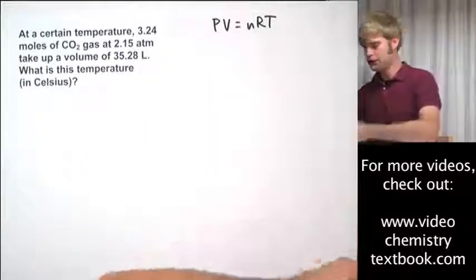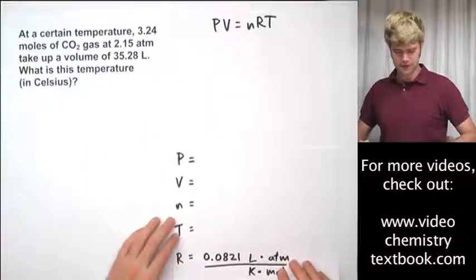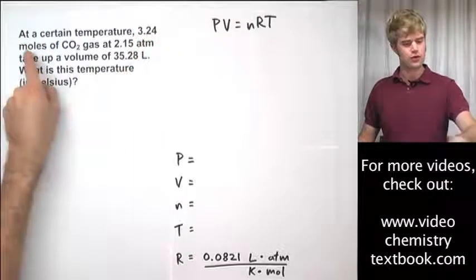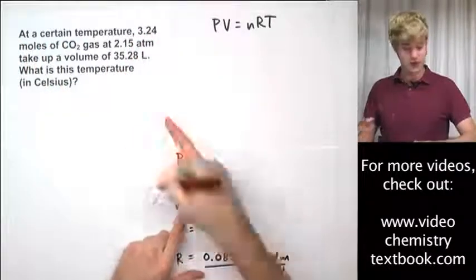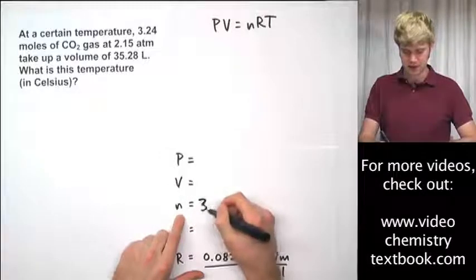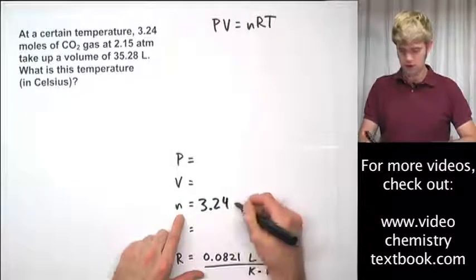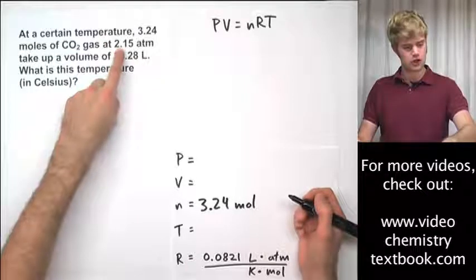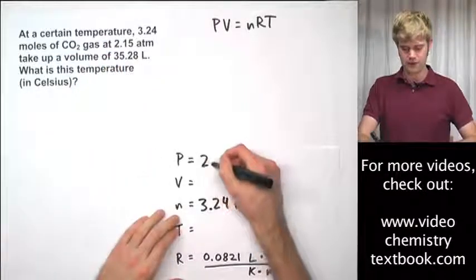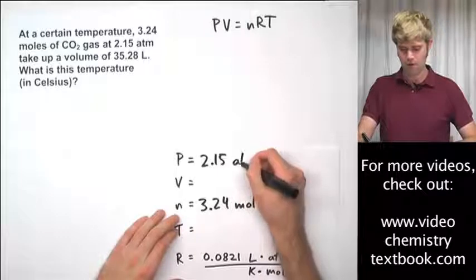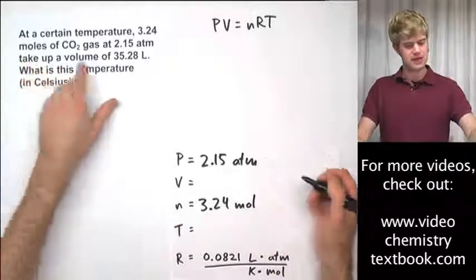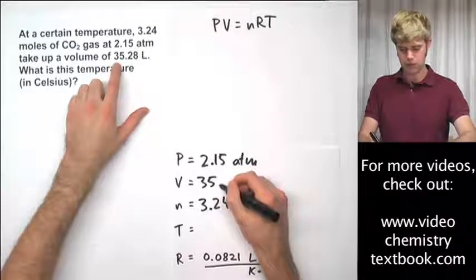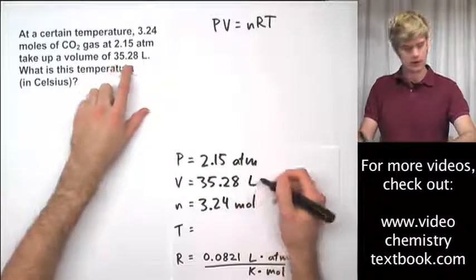And what I'll do is I'll just go ahead and fill in these variables as we go, all right? At a certain temperature, 3.24 moles of CO2, so that's our N, how much gas? 3.24 moles of gas are at a pressure of 2.15 atm, and they take up a volume of 35.28 liters.